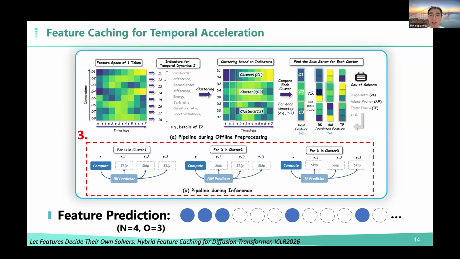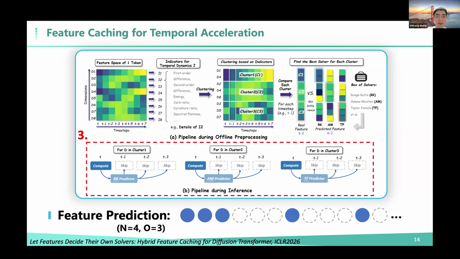After we save these solver selections and our cluster results, we apply them during inference. For example, for dimensions in cluster 1, we use the most suitable predictor, for example the RK predictor, and for cluster 2, we use the AM predictor, and so on.